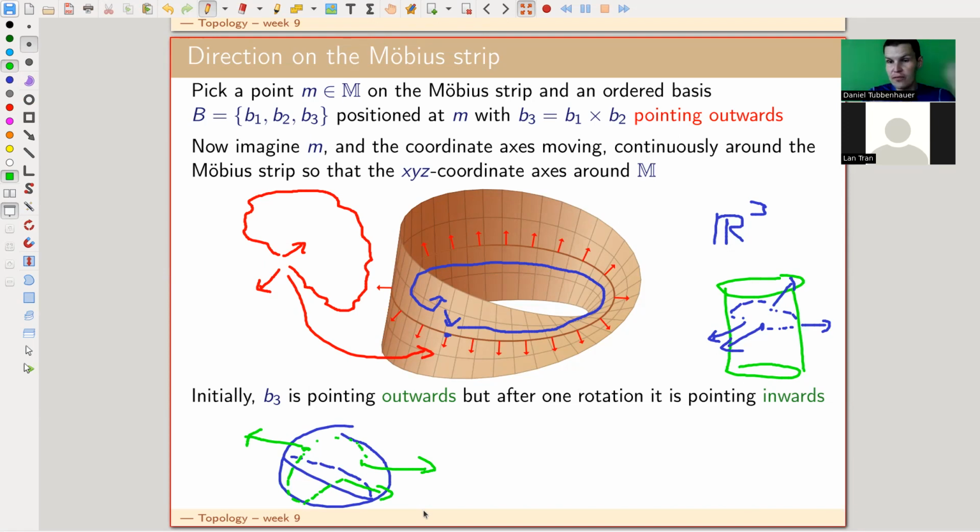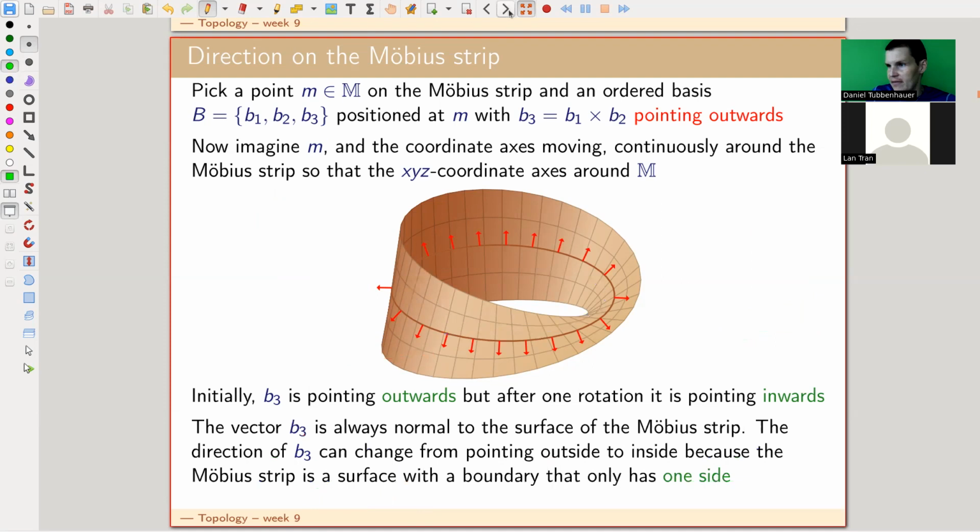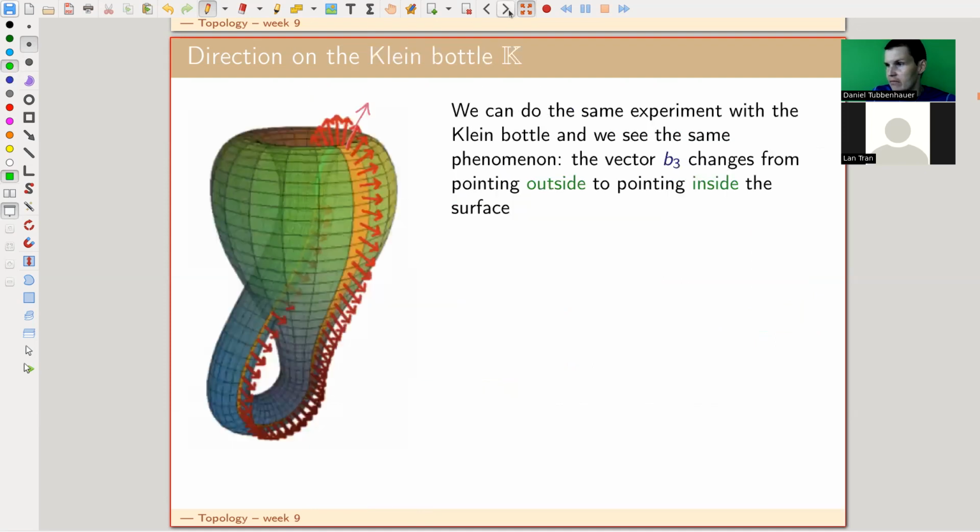No matter how you move, it will always point in the same direction. On a Möbius strip, you can't. On a non-orientable surface, you can't. This is not possible. And that's what makes it non-orientable. So there is no sense of direction, if you want. Because if you specify one and turn around, then everything is twisted. So there's not really a sense of any direction.